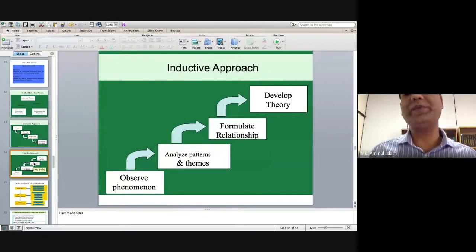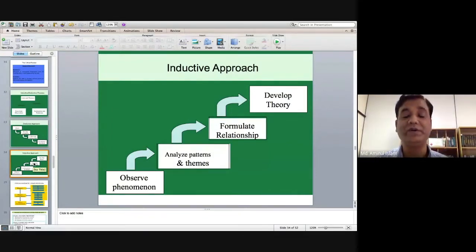So these two you have to remember, because when you do a literature review, your mind must be very clear about what you really want to do. If you want to develop a theory, then you start from observing the phenomenon. But if you are looking at the deductive approach, then definitely you have to start from a theory. So we do a literature review to identify the correct theories, and from there we proceed, okay?